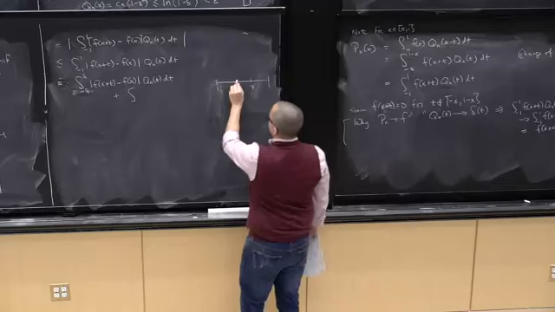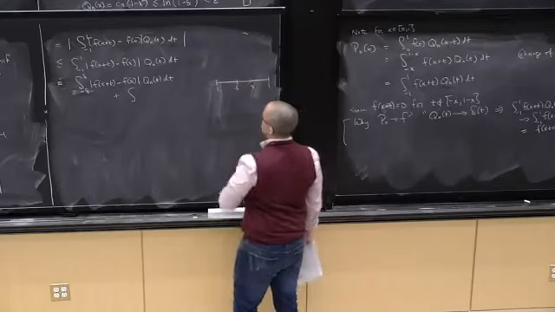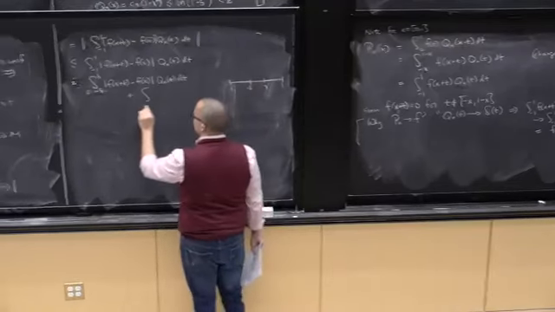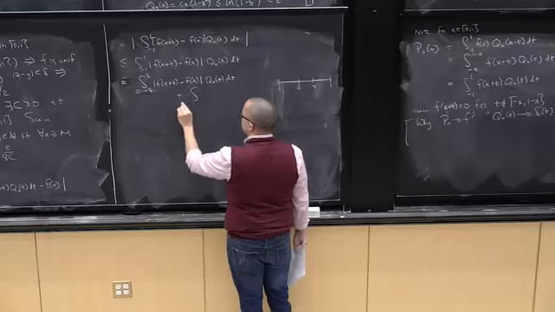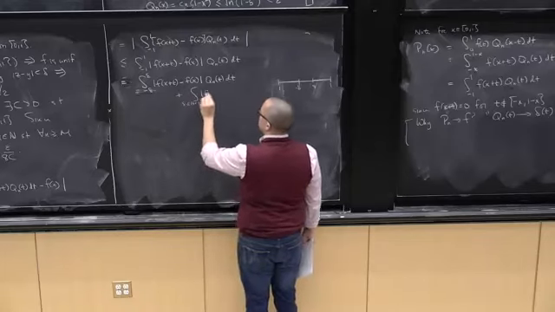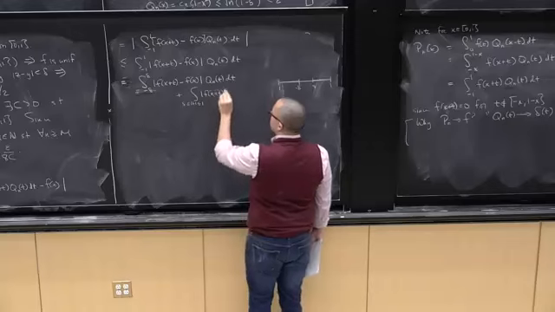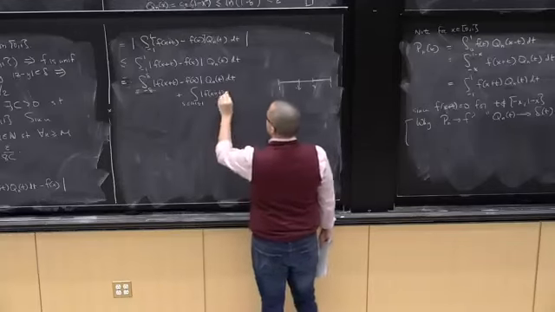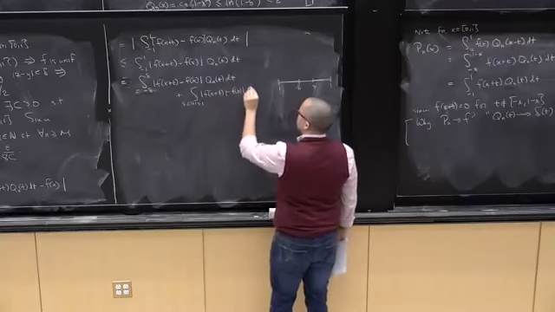So it's the sum of the integral over these two intervals, which I'm going to write as the integral over delta less than or equal to the absolute value of t, less than or equal to 1, times q_n of t.